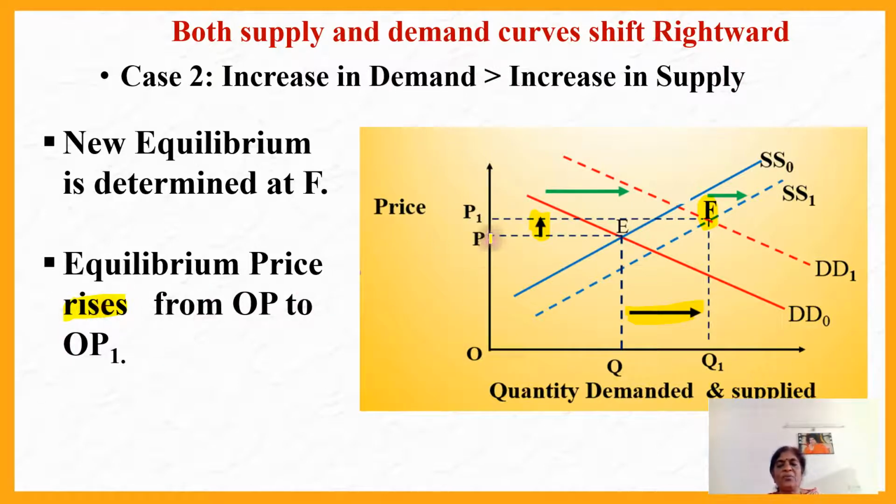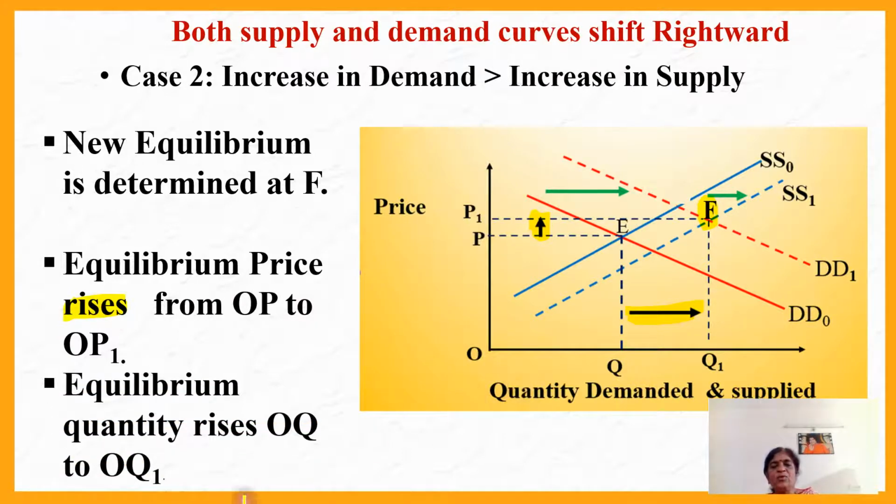And that is OP2, OP1. Then equilibrium quantity: we know both increase, therefore equilibrium quantity rises. In a determined way we can say it always rises. But as far as price is concerned, it may rise, may remain unchanged, or may decrease also.